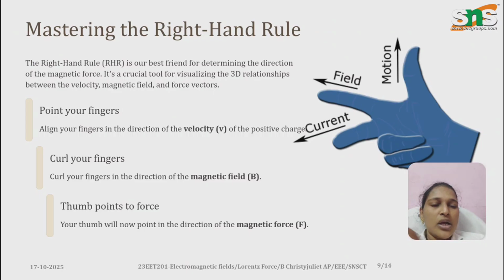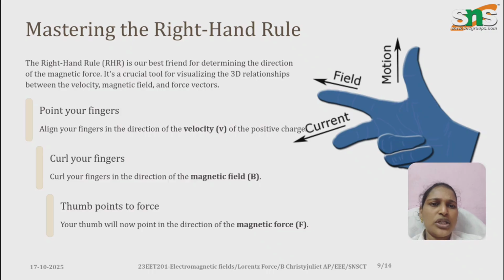And then how can we find the direction of this magnetic force? With the help of the right hand rule. This right hand rule is a good rule for determining the direction of magnetic force.